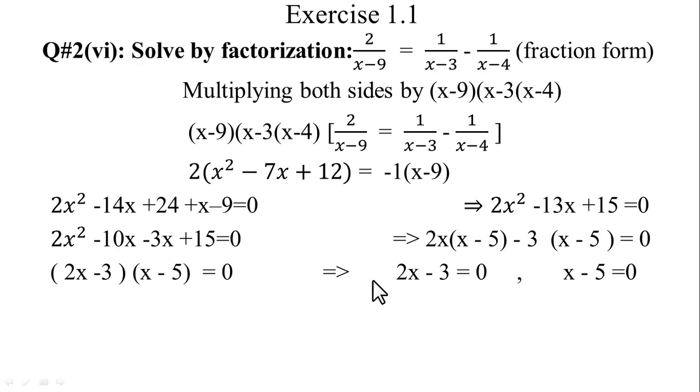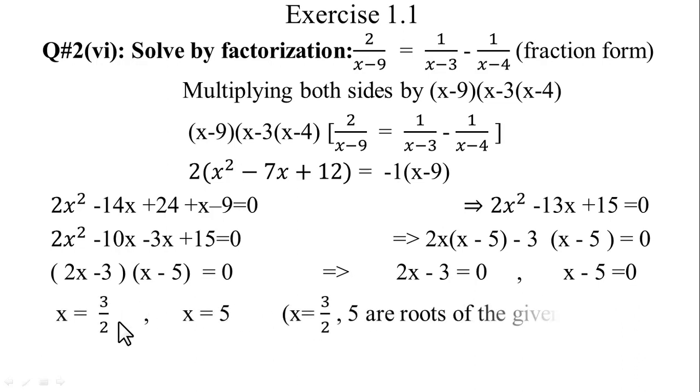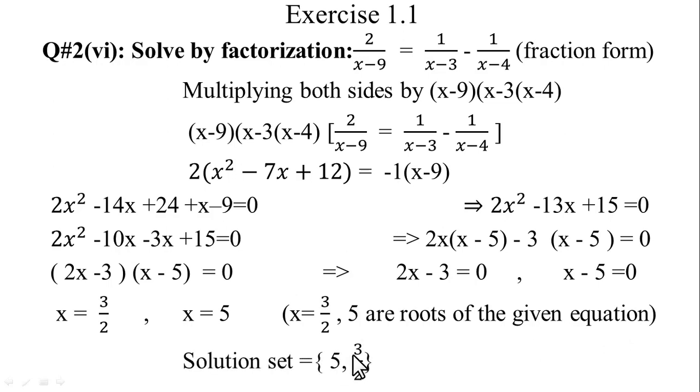This implies that either 2x minus 3 is equal to 0 or x minus 5 is equal to 0. We have x is equal to 3 upon 2 or x is equal to 5. x is equal to 3 upon 2, comma 5 are the roots of the given equation. Then we can say that the solution set of the required equation is 5 or 3 upon 2.